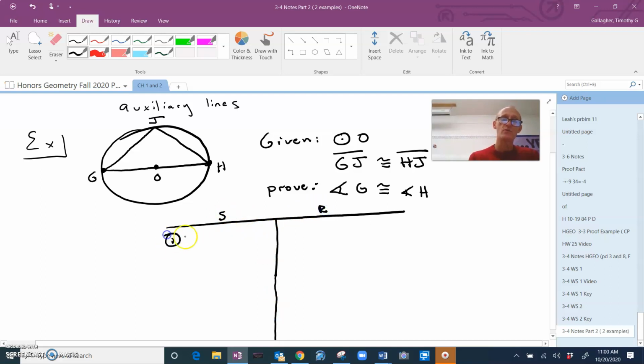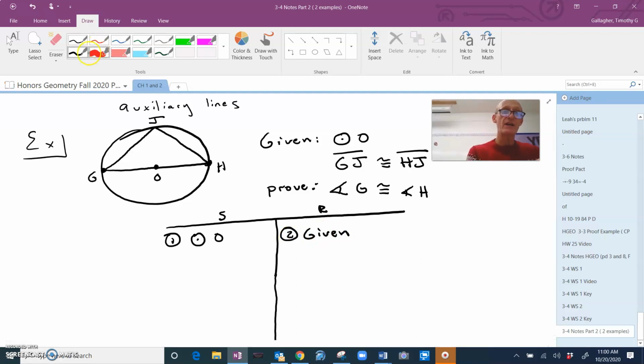I'm going to put a circle with the center at O here. And that's given. Now, here's where the auxiliary line comes in. We're going to go ahead and draw this segment here. And it doesn't have to come in here.